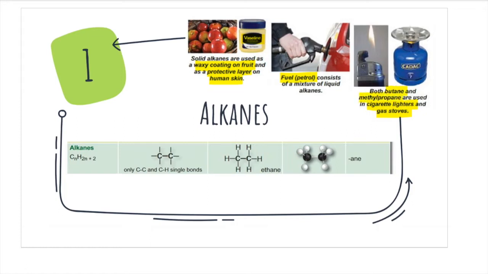In this video, we will specifically focus on how to draw the structural formulae of alkanes, and also we will see how the general formula CnH2n+2 can be used to describe a variety of alkanes.